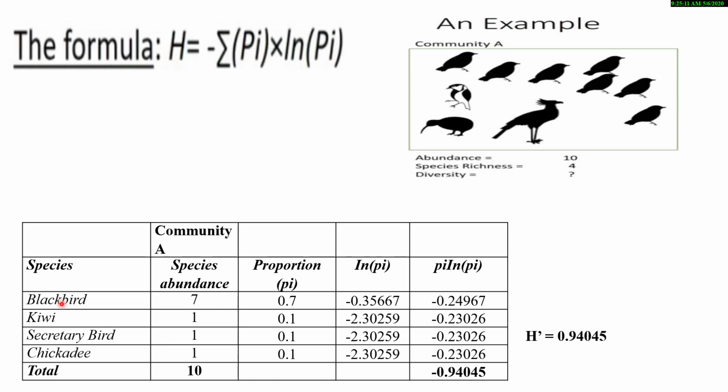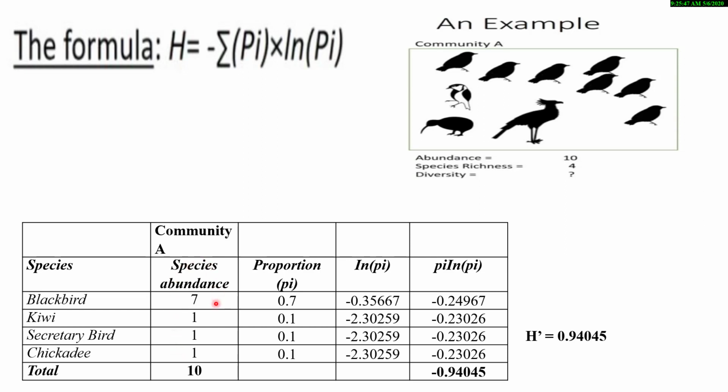We have blackbird, kiwi, secretary bird, and chickadee. How many blackbirds do we have? 7 in community A. We have 1 kiwi, 1 secretary bird, 1 chickadee.